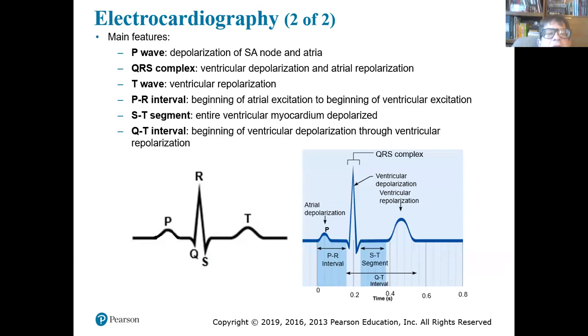So the P wave is when the SA node and the AV node are depolarizing. The atria is depolarizing, so top of the heart depolarizing. The QRS is when the atria are repolarizing, but the ventricle is depolarizing. So what's this little gap right here, the PR interval?